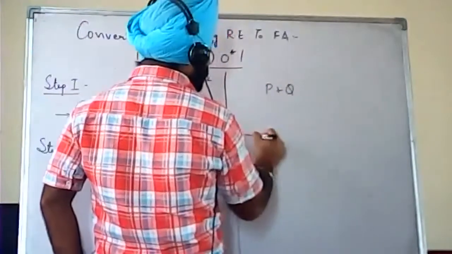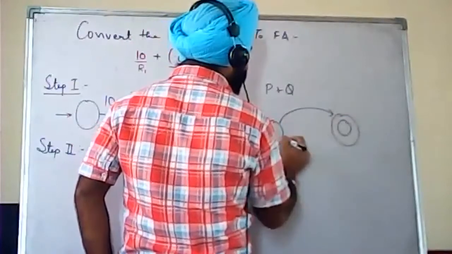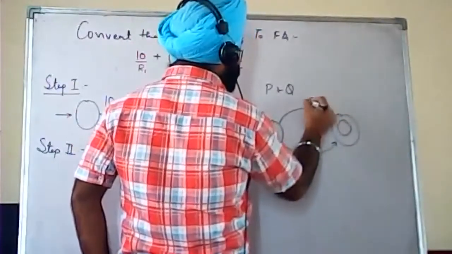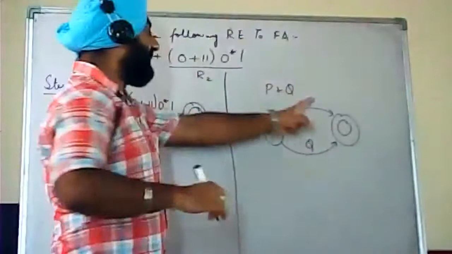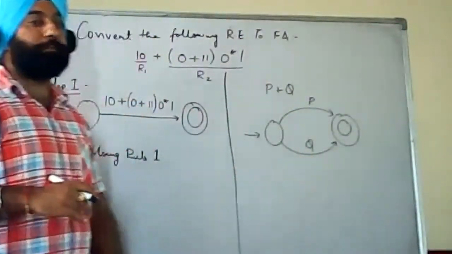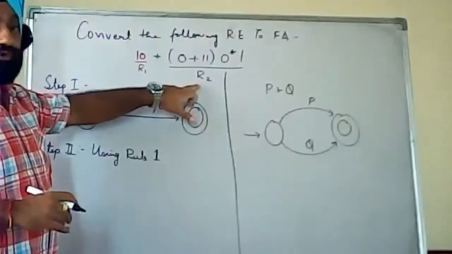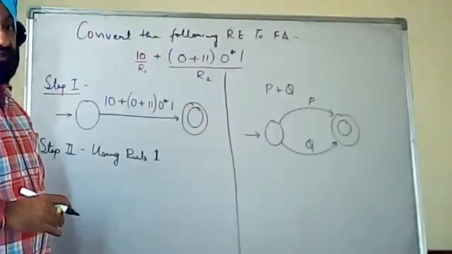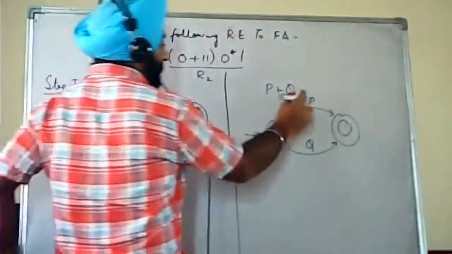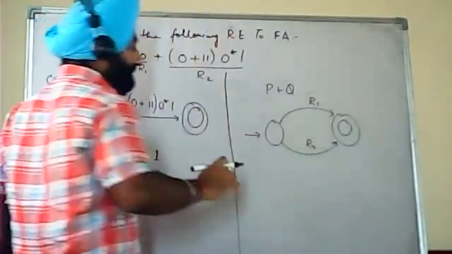for P plus Q, you have two ways of reaching the next state, one with P and another with Q. But instead of P and Q, now we have R1 and R2, right? So represent it like this, R1 and R2.